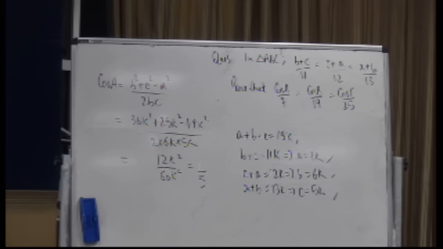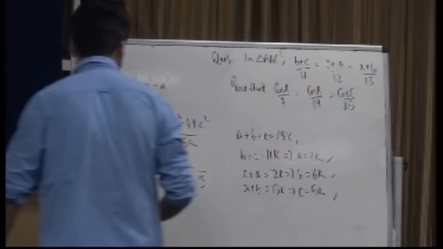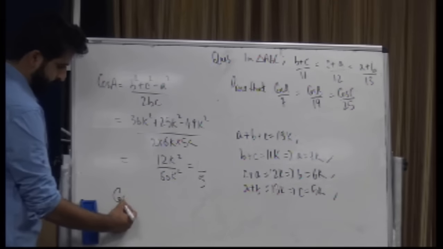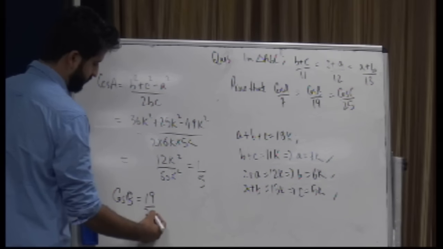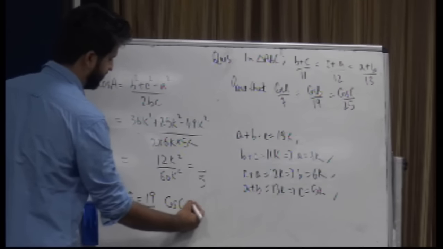Five by 7. So cos B is 19 by 35. And cos C is 5 by 7.